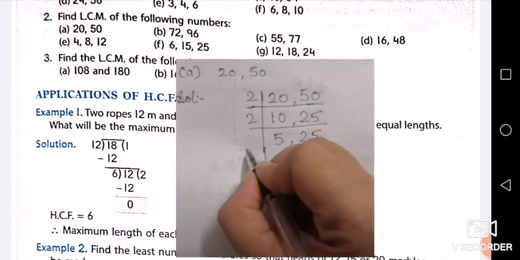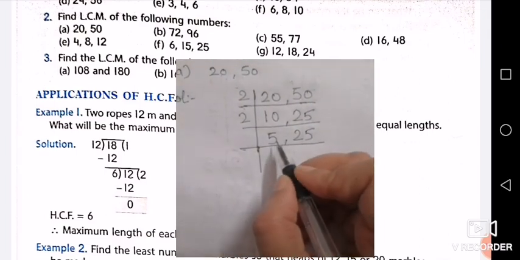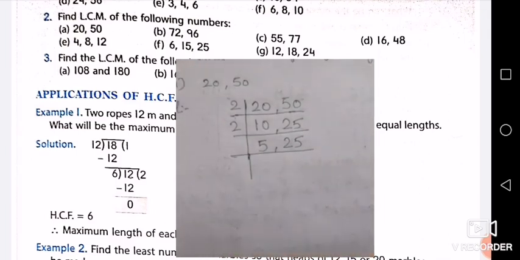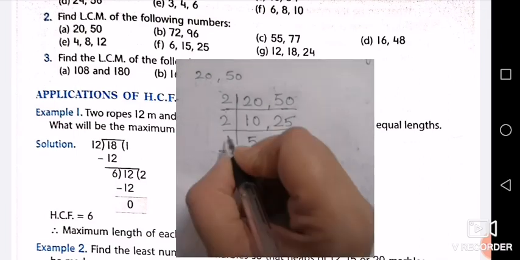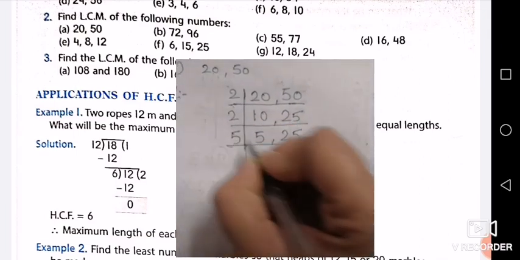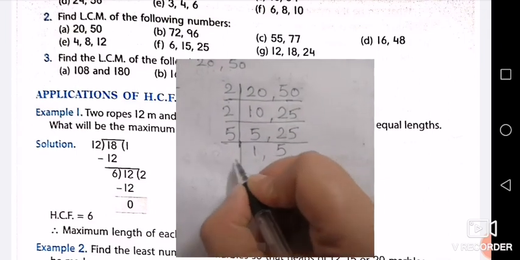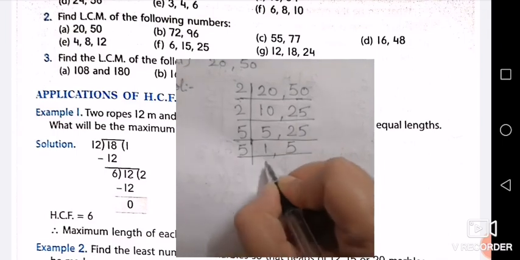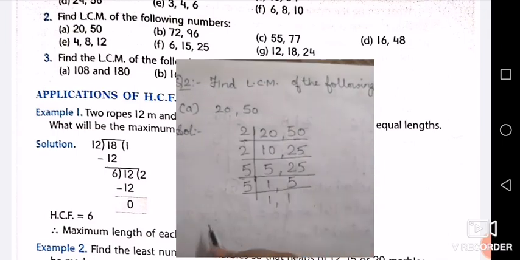Now the next prime number is 3. But 5 is not divisible by 3, and 25 is also not divisible by 3. So we will take our next prime number, that is 5. Now 5 ones are 5 and 5 fives are 25. Again we will take 5, 1 and 1. Now what we have to find? LCM.